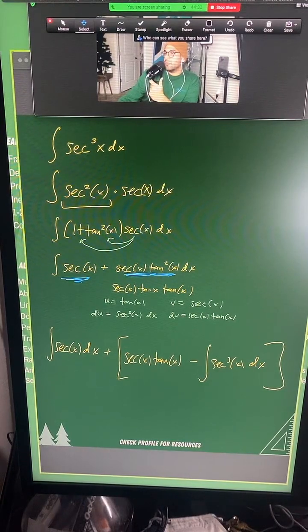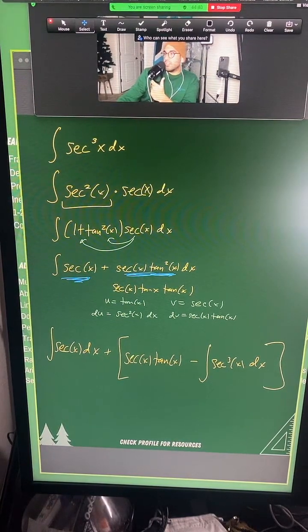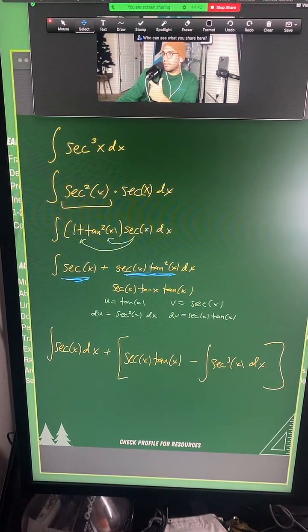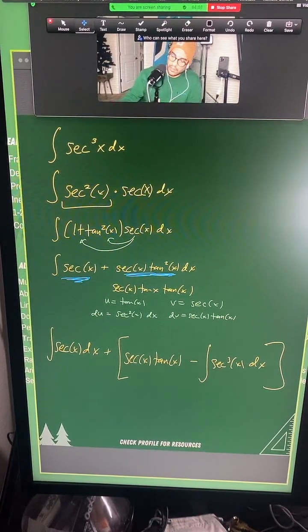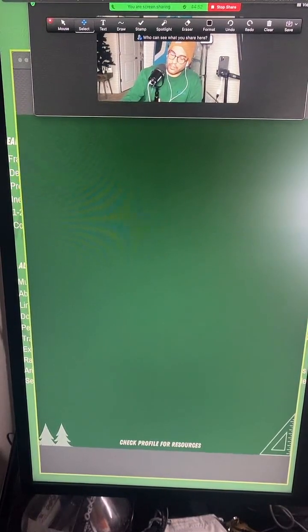Ethan, I'm trying to use... Okay, so Ethan's saying use integration by parts on secant squared x. But where's the secant squared x? Okay, let's go ahead and try this. Oh, shoot, I erased everything, guys.